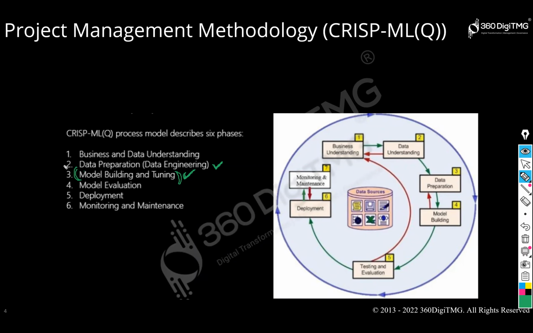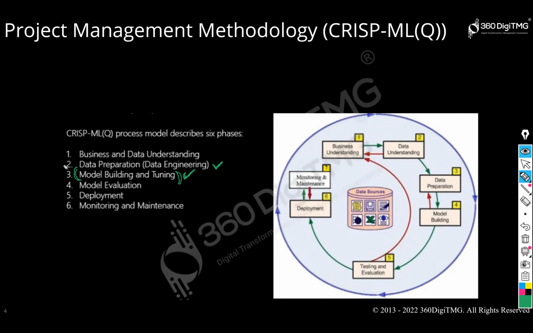In model building, we have supervised and unsupervised learning. In unsupervised learning you will not have the output variables; in supervised you will have the output variables. We will look into that.